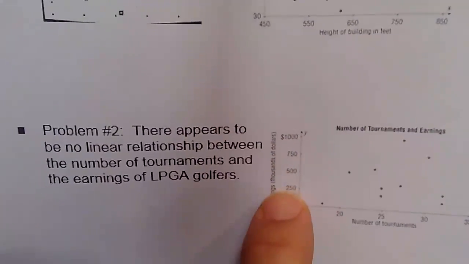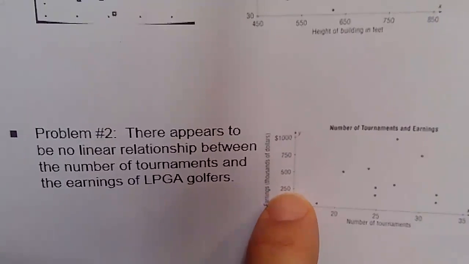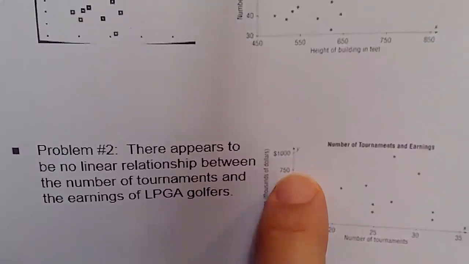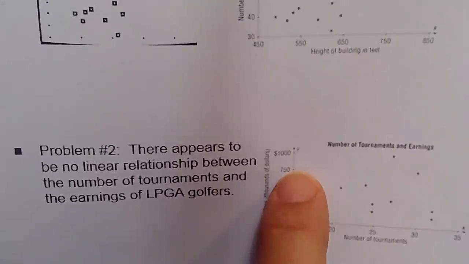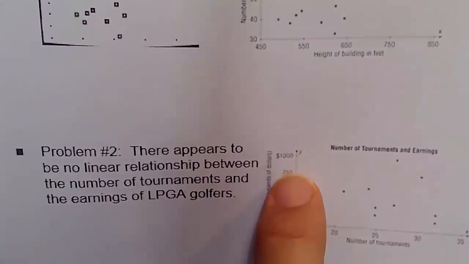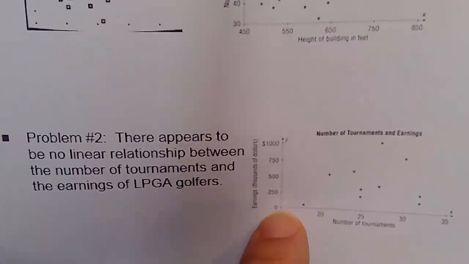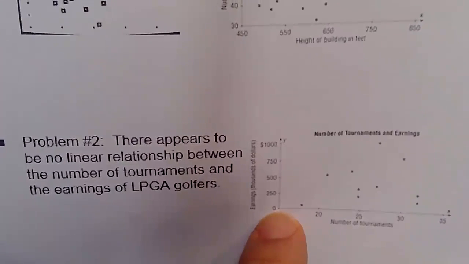So every 250, another 250 is 500. Another 250 is 750. Another 250 is 1,000. So they did increments of 250, but they still started at 0.